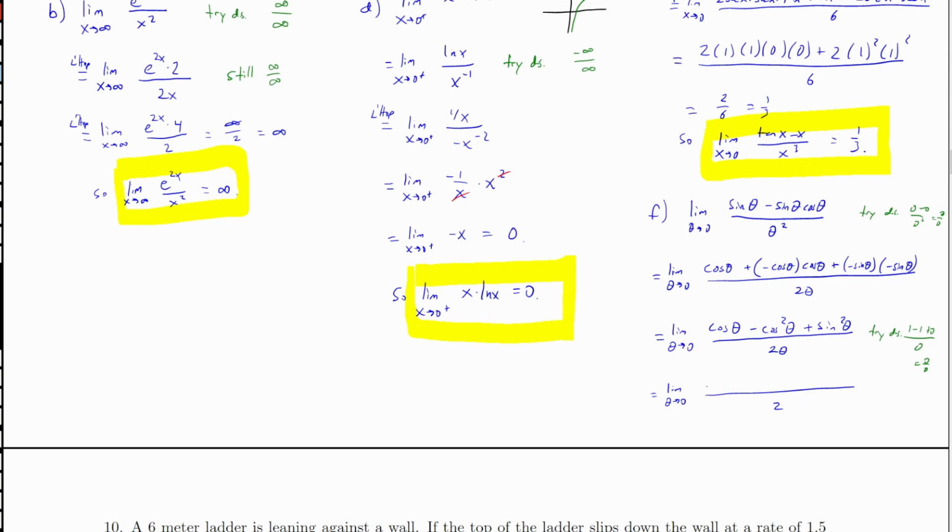The derivative of cosine theta is negative sine theta. Here I have minus, the 2 comes down, the inside stuff is cosine theta. The derivative of cosine theta is negative sine theta. For sine squared theta, the 2 comes down, the inside is sine theta. The derivative of the inside stuff is cosine theta. Okay, and now when I plug in, I'm going to have 0, 0, 0 on top over 2. So the whole limit is just 0.